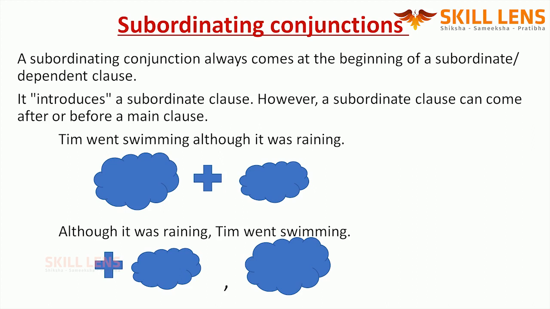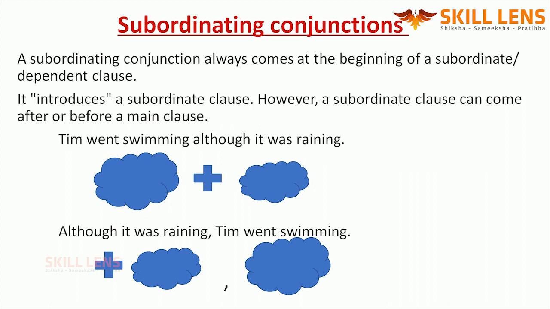Let's take the same sentence written in a different way in the next line. Although it was raining, Tim went swimming. So the plus symbol that we see here is the conjunction. The main role of a conjunction is to get together words, clauses and phrases. They add, they connect. So here the plus you see is at the beginning of the sentence, but it is along with the subordinate clause.